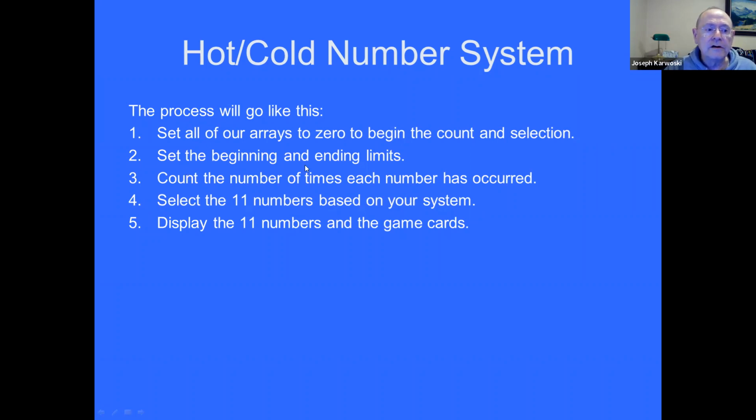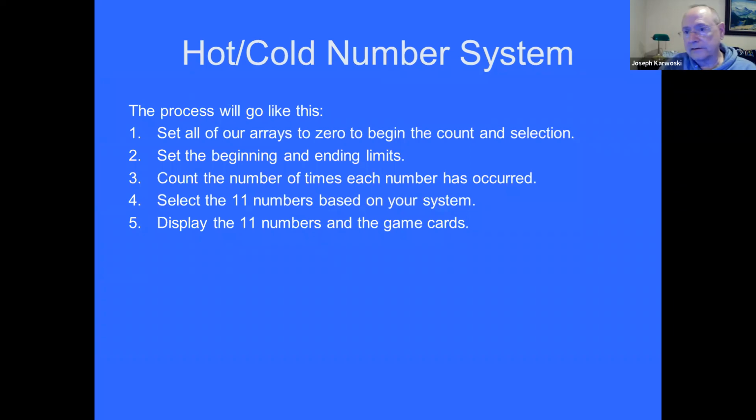Number 2, okay, you need to set the beginning and ending limits. Now, what does that mean? What that means is we have to know, are we looking at, let's say we have 50 draws in our database. Are we going to look at all 50? Are we only looking at the last 10?